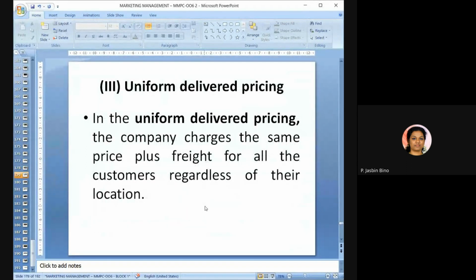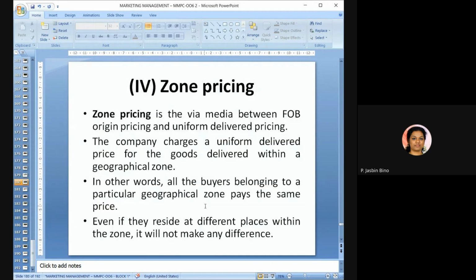Next one, uniform delivered pricing system. The company charges the same price plus freight or other transportation cost for all the customers of any location. They'll be charging the same delivery charge for all locations. Next one, zone pricing, is the via media between free on board origin pricing and uniform delivered pricing.